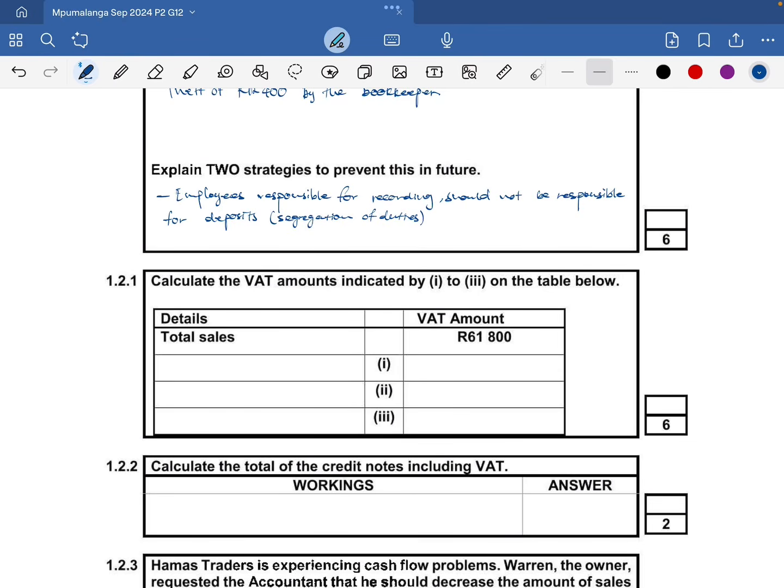Now I know this is a bit of a low amount of money, but in future it could be a huge sum of money. So we could maybe outsource security services to transport cash, so the cash in transit services. That's also a control you could make.